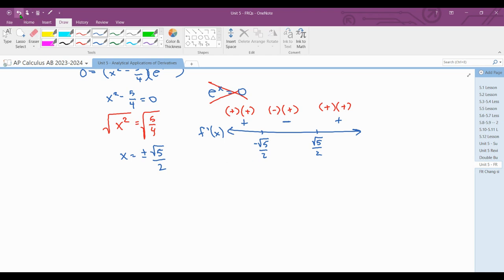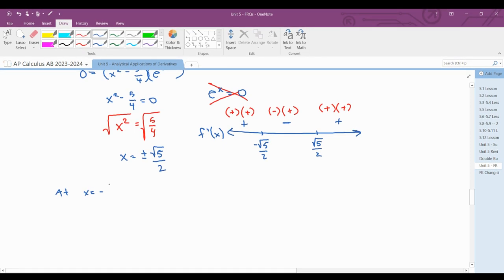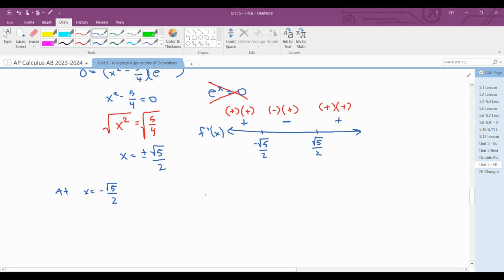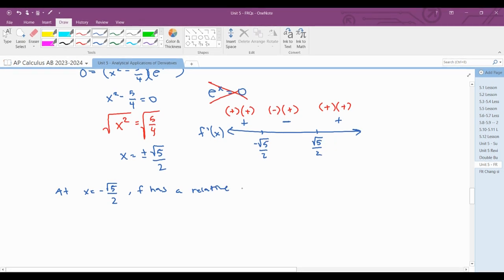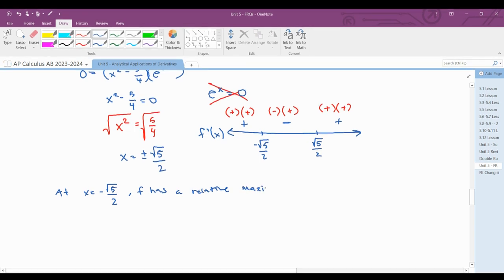So that tells us at x equals negative square root 5 over 2, let me just make sure I'm putting this in the right way. Yeah, at x equals negative square root 5 over 2, f has a relative maximum.